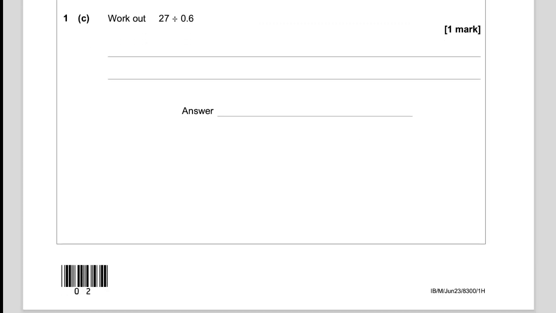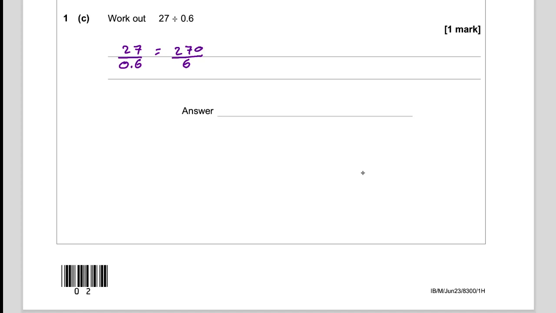Part C, work out 27 divided by 0.6. I don't like dividing by decimals, so if I view it as 27 over 0.6 and multiply the numerator and the denominator by 10, that would give me 270 divided by 6.